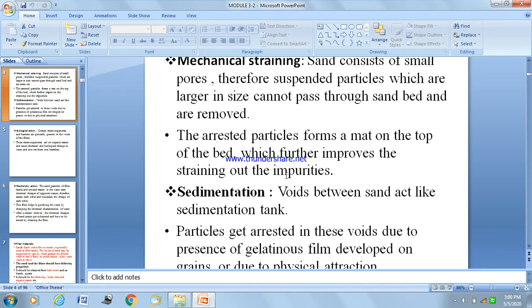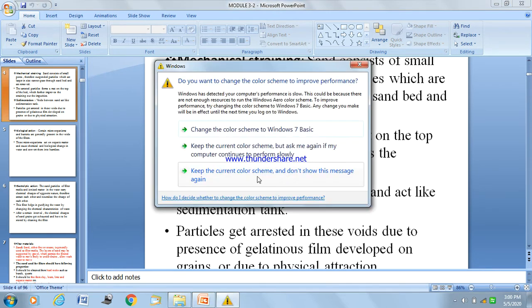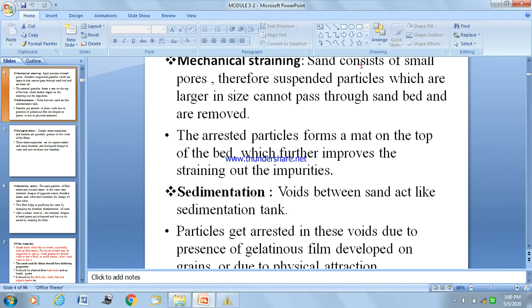Mechanical straining means the sand consists of small pores, but the suspended particles are larger in size. The sand pores are very small and the suspended particle size is large, so the particles cannot pass into the bed and are removed there itself.